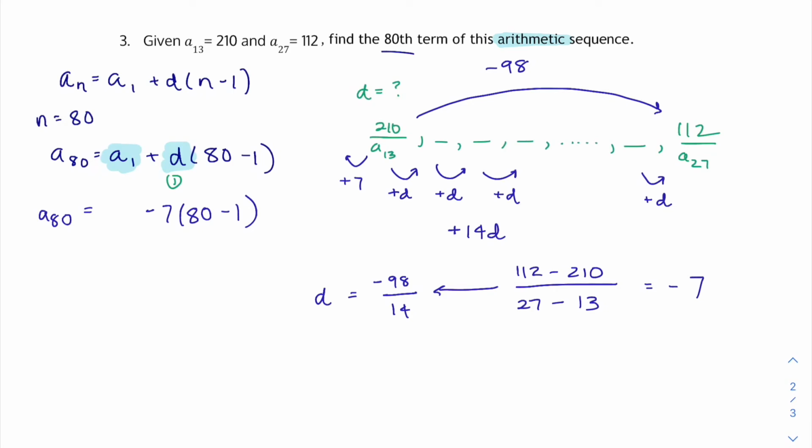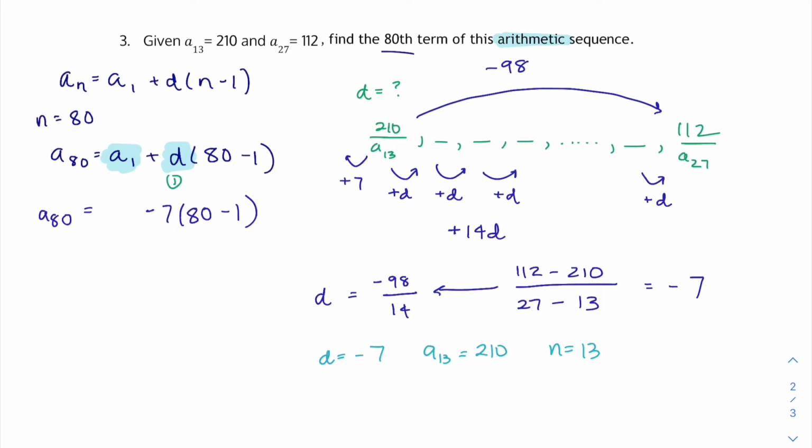We want to use the formula. So I can use the fact that I know the common difference is negative 7, and I know one of my terms. I can use either one. I'm just going to use the first one, A13 is 210, which means that when my position is 13, when n is 13, my output is 210.